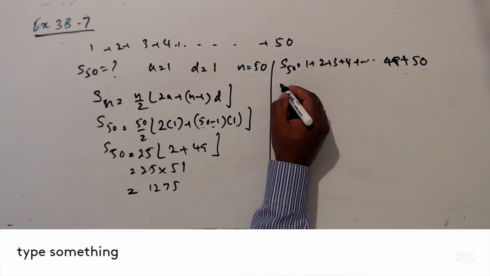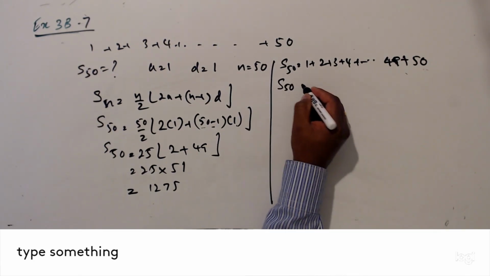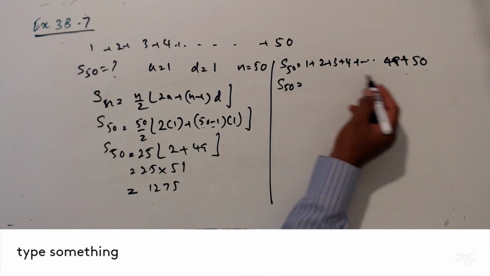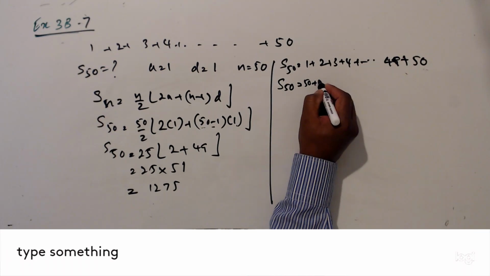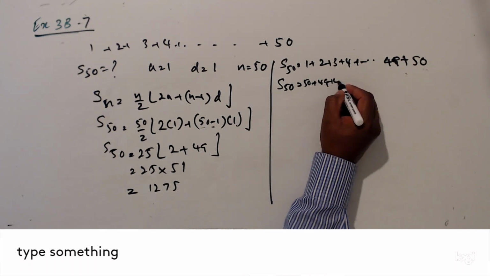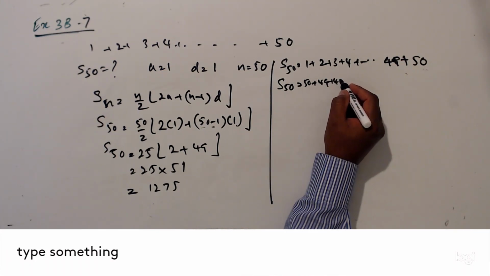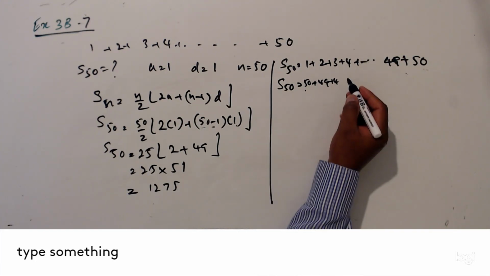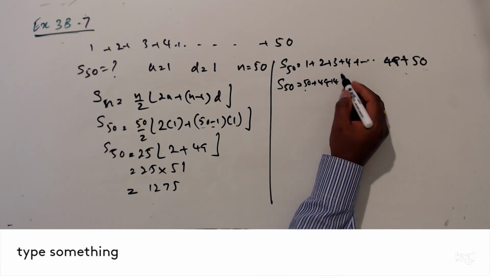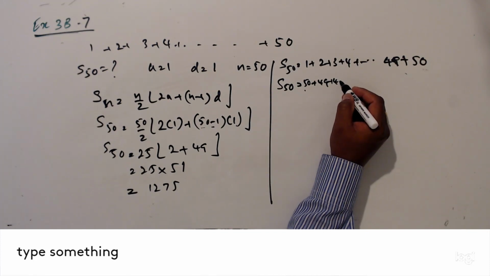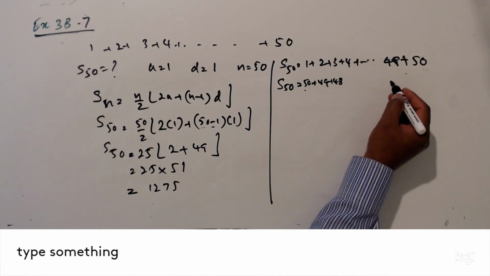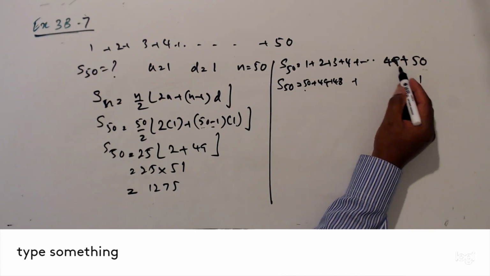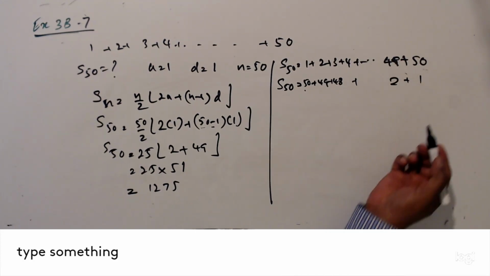And then again I'm writing S50 in descending order: 50 plus 49 plus 48, plus dot dot, this is 1 and this is 2.